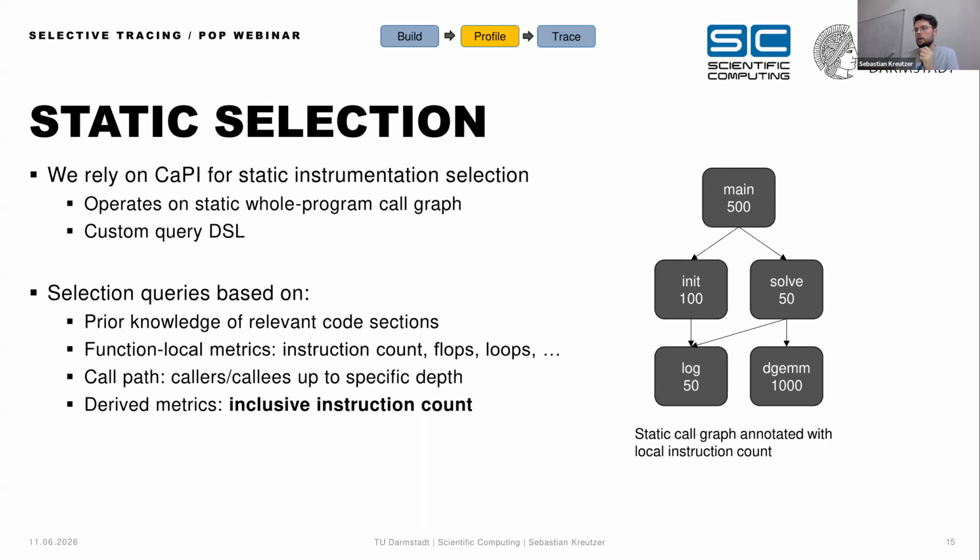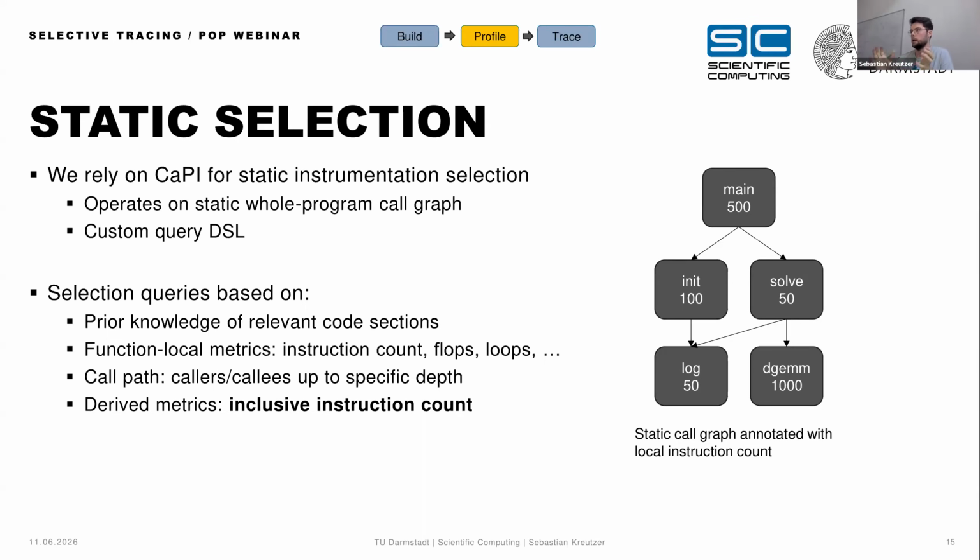And one that we have used specifically for this selective tracing approach is the inclusive statement count, or inclusive instruction count, sorry, which gives a good general first approximation of a sensible first instrumentation.